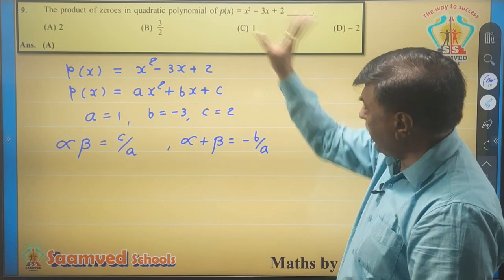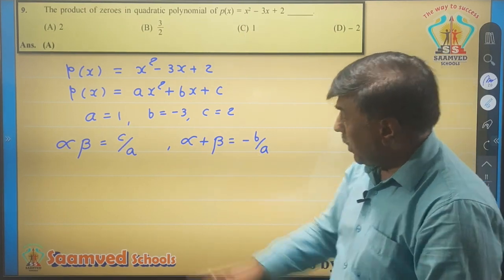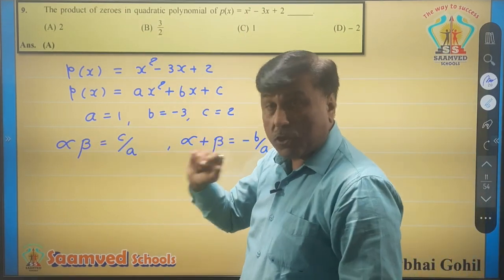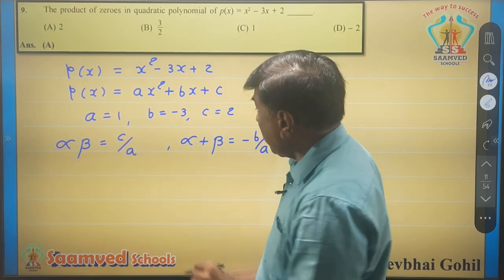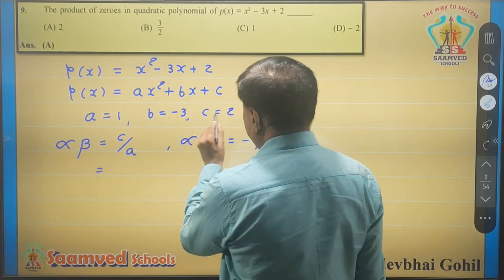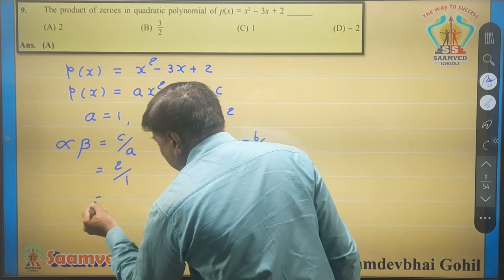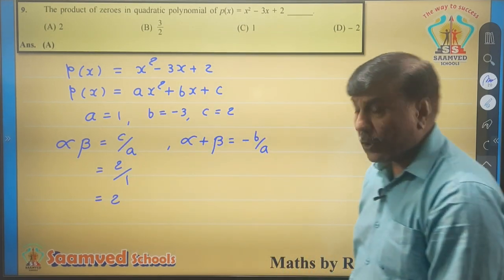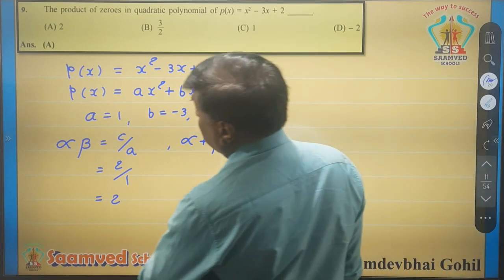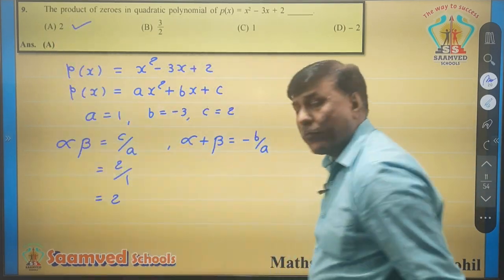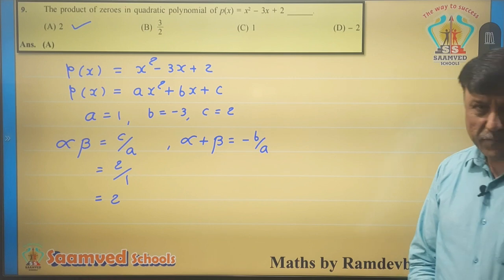This is not required here, but alpha into beta you are asked. So alpha into beta is equal to c upon a. C means 2, upon a is equal to 1. Answer will be 2. So option A is our answer. Right?